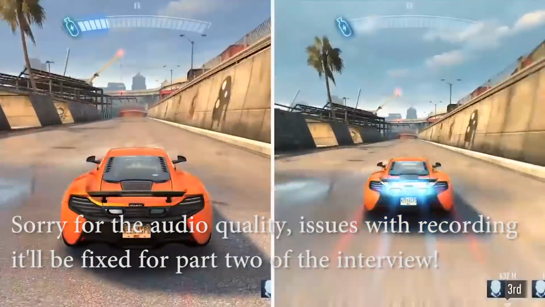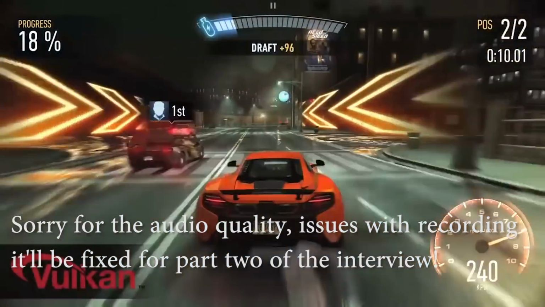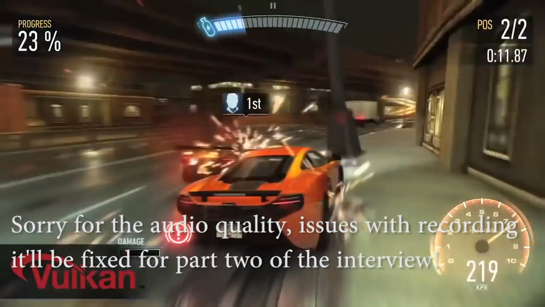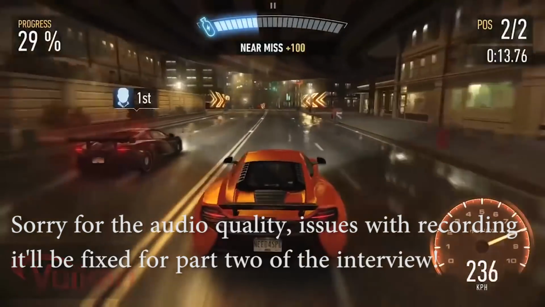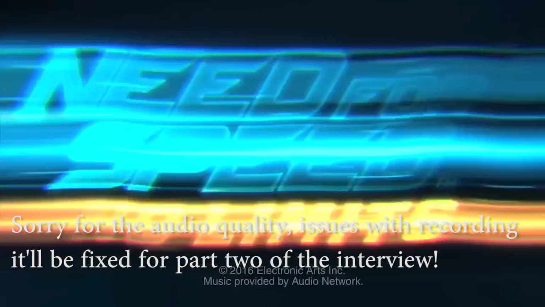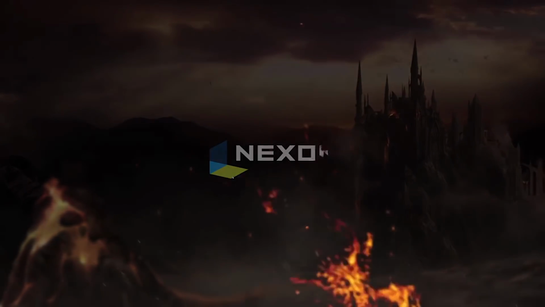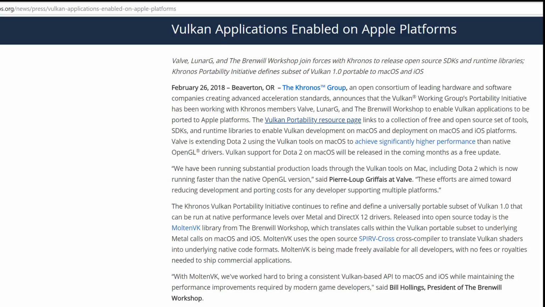So let's start out with some of the simpler things first, and then we can get to the more complex topics, because I want to lay some of the groundwork for some of the future questions. One of the big announcements that you guys recently had was that Valve, LunarG, and the Brenwell Workshop were working alongside Khronos to allow portability of Vulkan to run on essentially Apple devices.